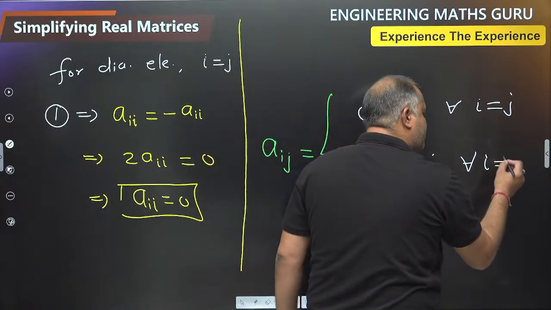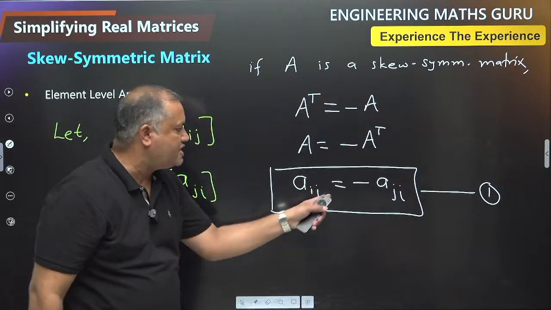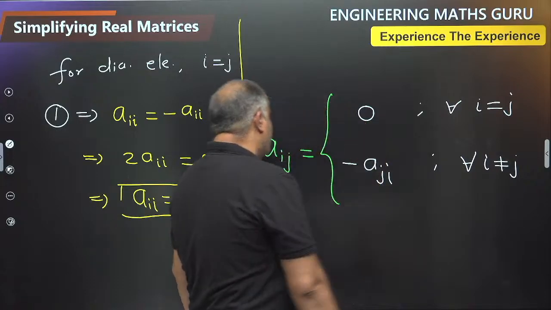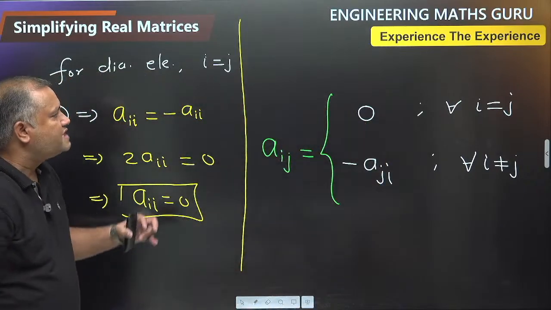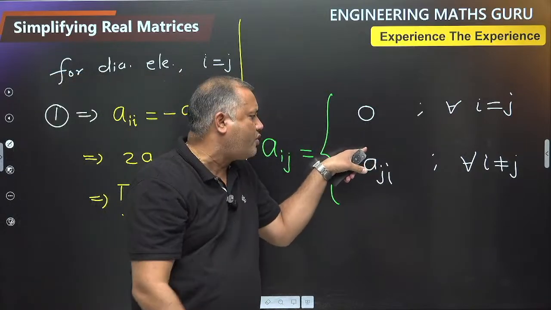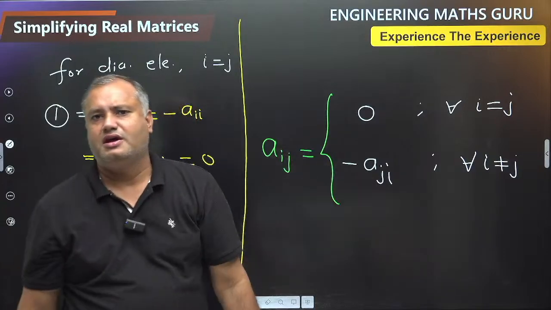Under that situation, this elemental condition will be followed, that is minus a ji will be followed. So when you talk about a skew symmetric matrix, then its diagonal elements will compulsorily be 0 and off diagonal elements will be minus of a ji.